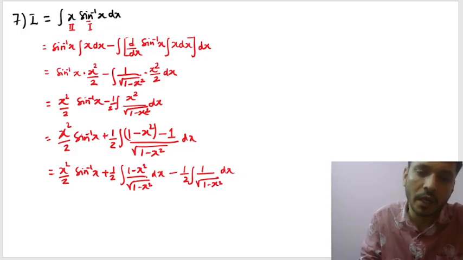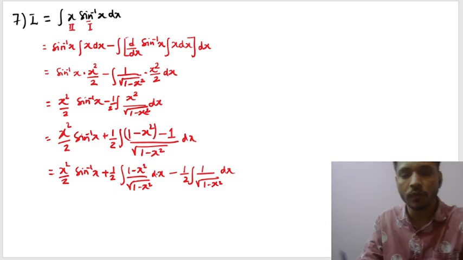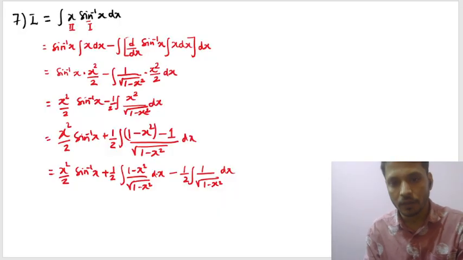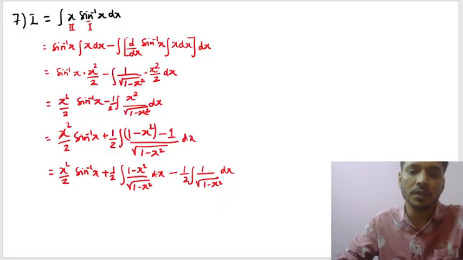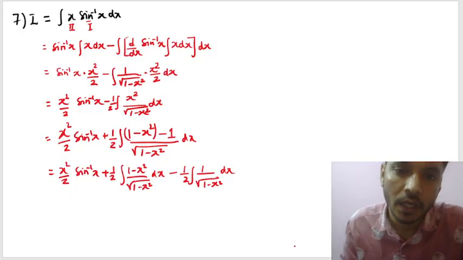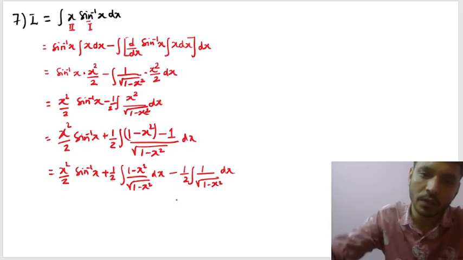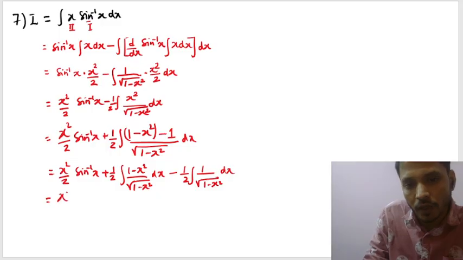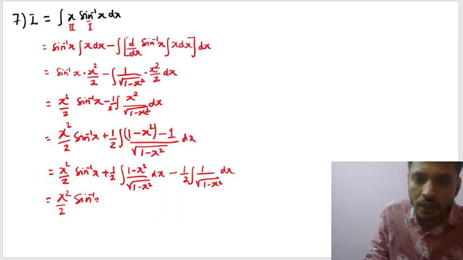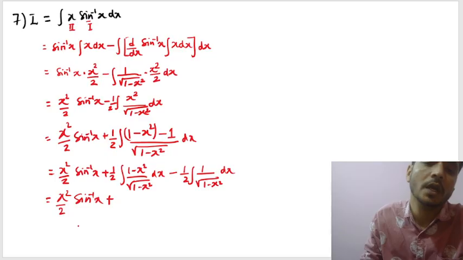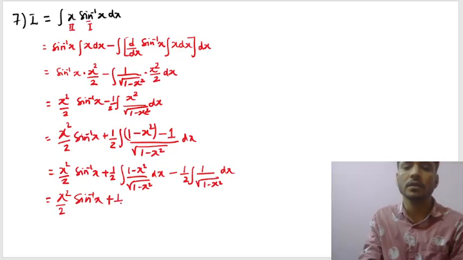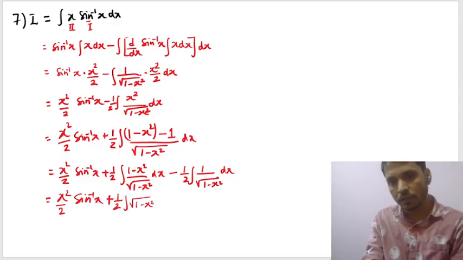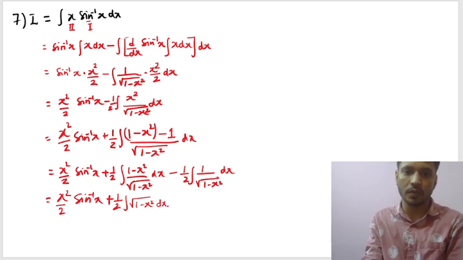Now here if you rationalize it, means if you multiply with under root of 1 minus x square by under root of 1 minus x square, that means this root will get cancelled out and 1 minus x square will get cancelled out. We will get here finally x square by 2 sine inverse x plus, after simplification, we will get under root of 1 minus x square into dx.